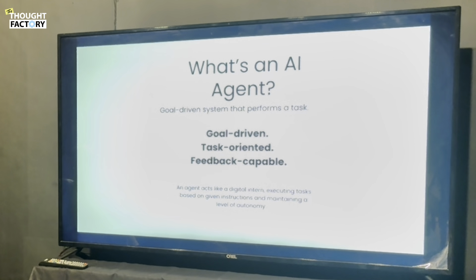When you are working with an intern, someone brand new to a job, they execute based on the given instructions. That's what internships are, right? And it still maintains autonomy. So a freshly starting AI agent could be your intern.